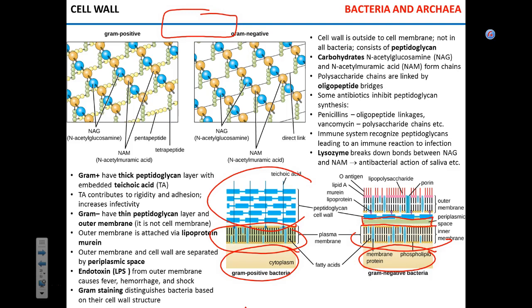So, the cell wall consists of carbohydrates. You don't need to memorize these names. And peptide bridges. Look at either left or right picture, either at the gram-positive or gram-negative cell wall. You see these large spheres? Those are carbohydrates. They form long chains.